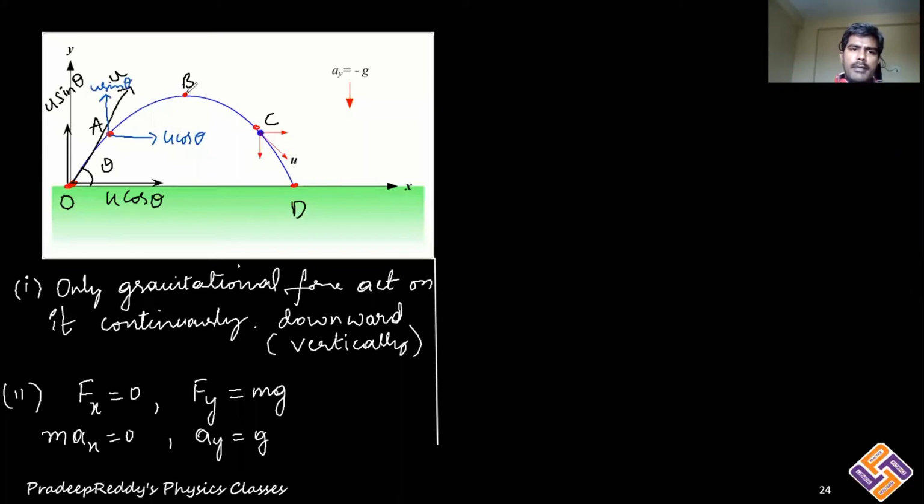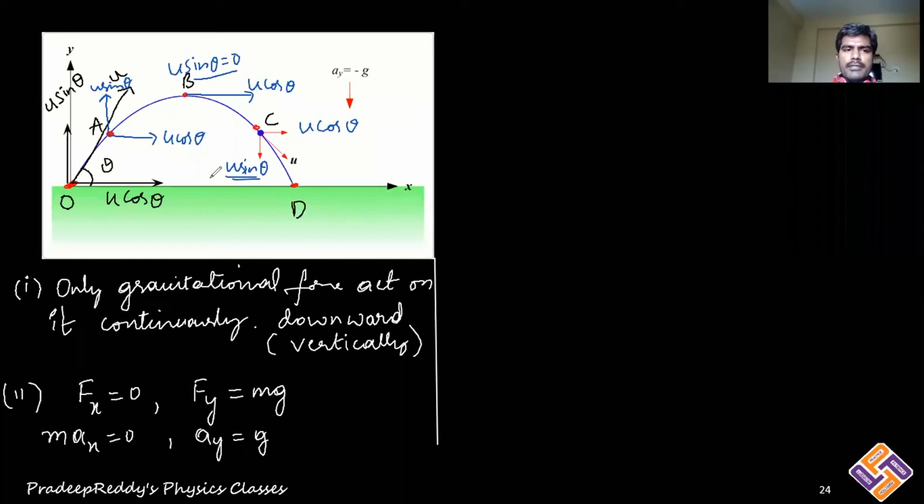Similarly, at this point B, it has one component along horizontal, u cos theta, and by the time it comes over here, u sin theta is equal to 0. Its vertical component becomes 0. Similarly, when it is coming to point C, along horizontal it is u cos theta, along vertical it is u sin theta, but its value has changed.